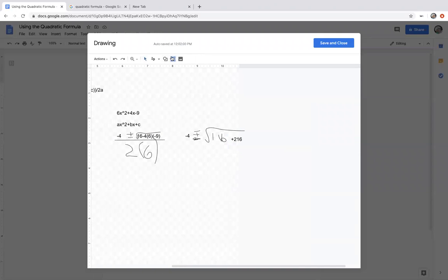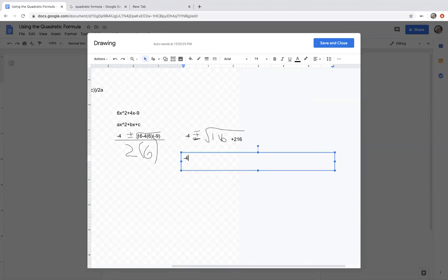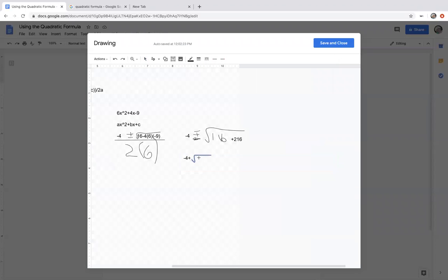So then when you simplify this even further, you get negative 4, and I'm going to split this up now into its two positive and negative solutions, plus square root of 232.